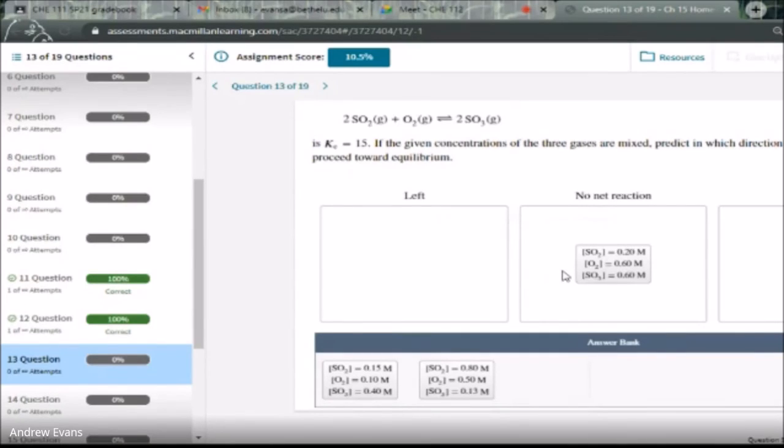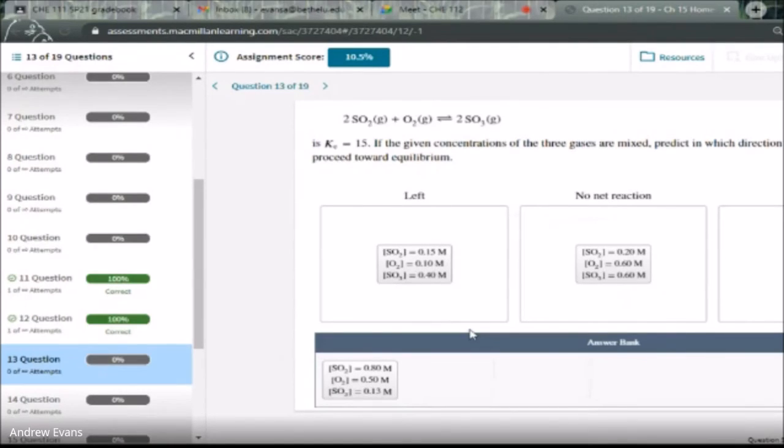What about the next one? 0.4 squared divided by 0.1 squared times 0.15. I'm setting up products over reactants. I get 71. Q is greater than 15, so it needs to shift to the left to get this back down.